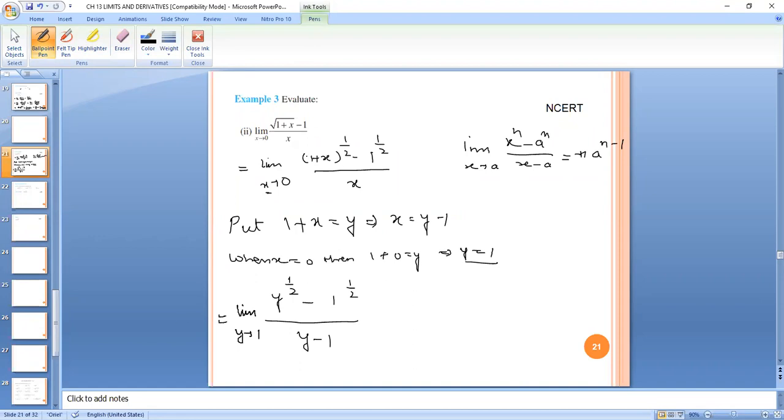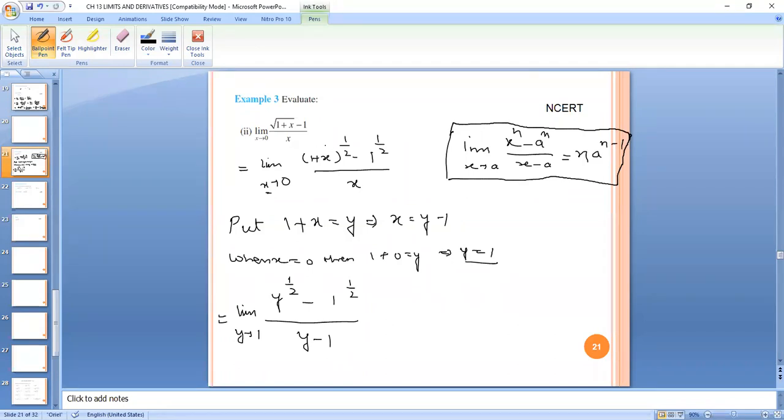What we are doing is making this expression into the form x raised to power n minus a raised to power n upon x minus a, so that we could directly apply the formula, which is equal to n a raised to power n minus 1. We are putting 1 plus x is equal to y.